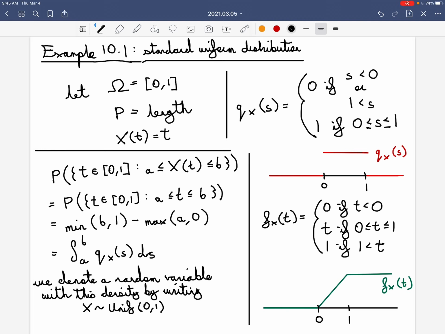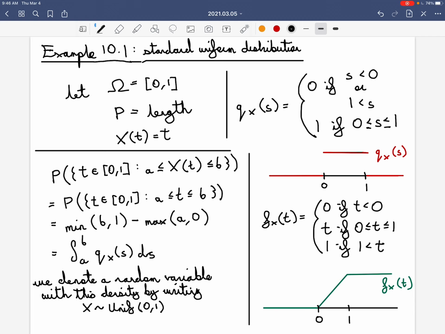But I guess the reason that continuous random variables are called continuous is because their cumulative distribution functions are continuous functions on the real numbers in the sense of elementary calculus.